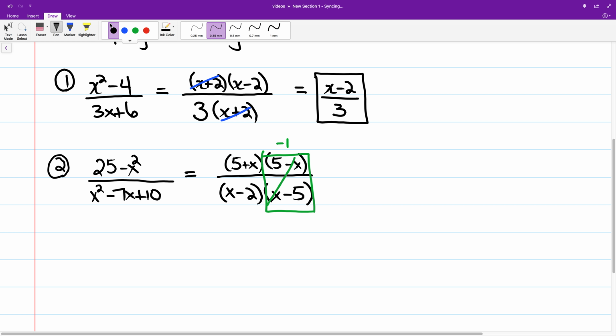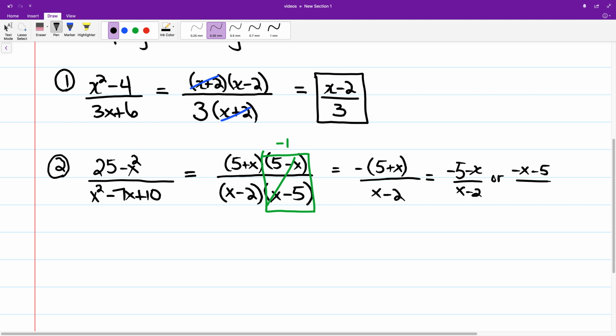And if I take the distribution in this one, we have the negative over 5 plus x over x minus 2, and if you follow through, you can say we have negative 5 minus x, and also you can just switch around the order of the terms in the numerator, whereupon we have negative x minus 5 all over x minus 2.